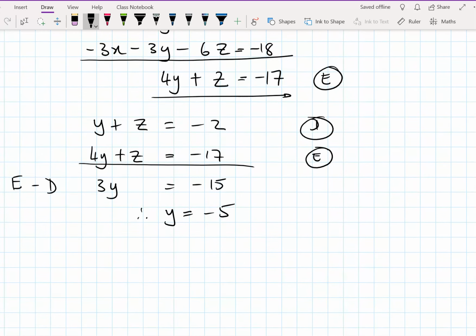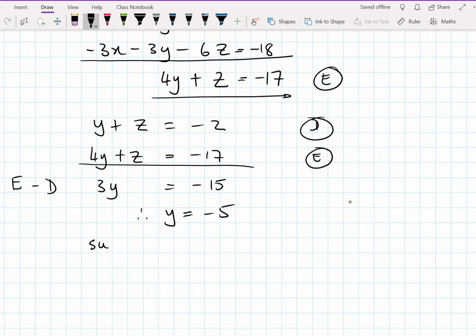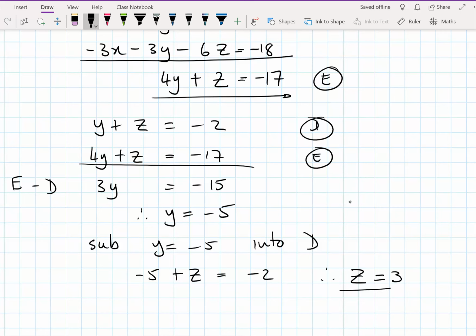Having got that statement, I can go and substitute y is equal to minus 5 into equation D, in which case I've got minus 5 plus z is equal to minus 2. And from that I can say that z must equal 3.